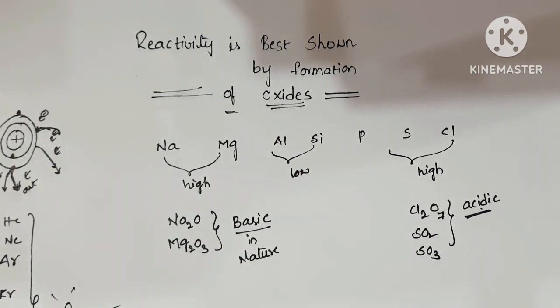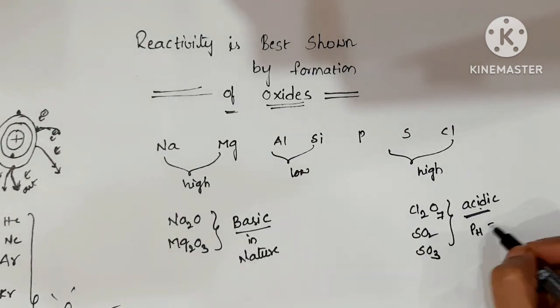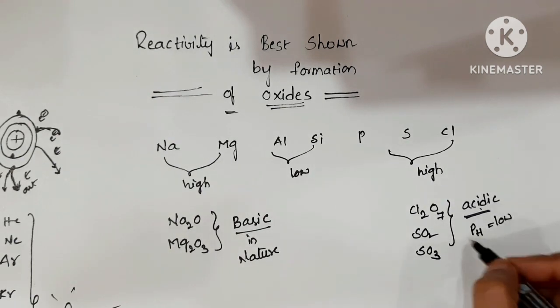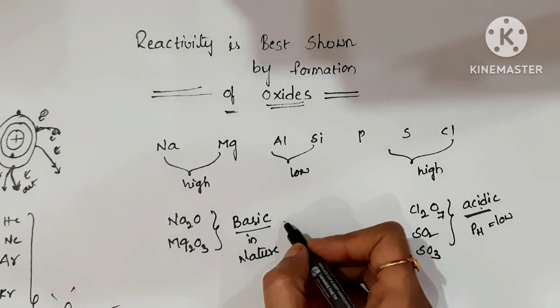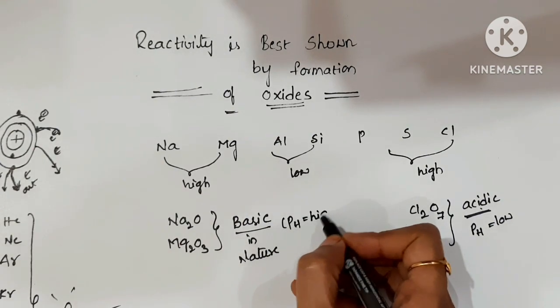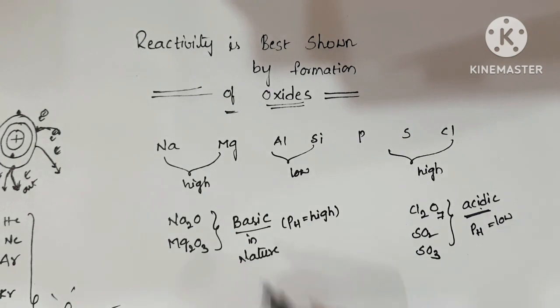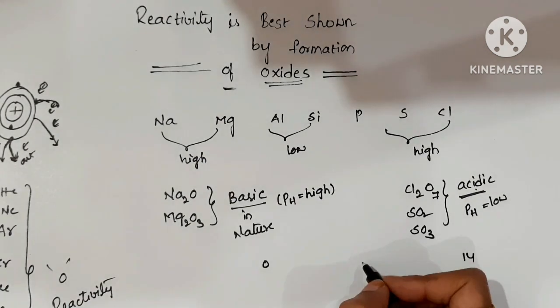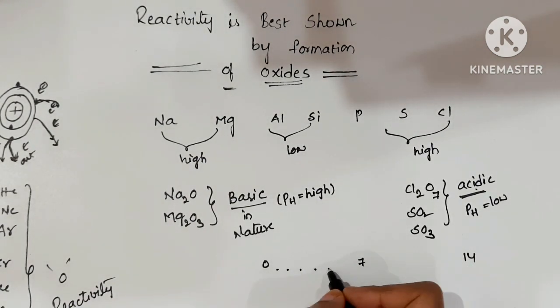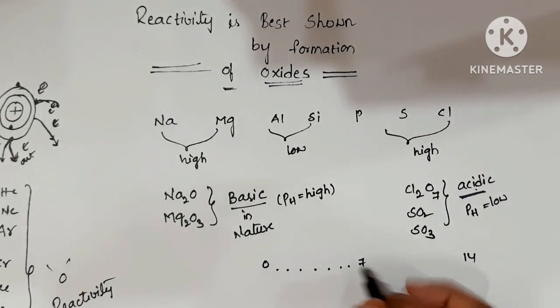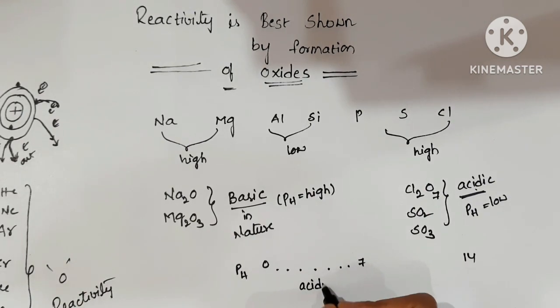If the pH value is low, then the substance is acidic in nature. If the pH value is high, then the substance is basic in nature, right? For example, this is the pH scale. Consider 0 to 14. If the pH value is 0 to 7, then the substance is acidic in nature.